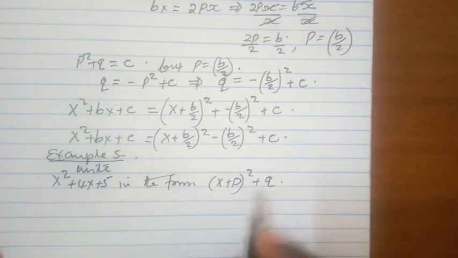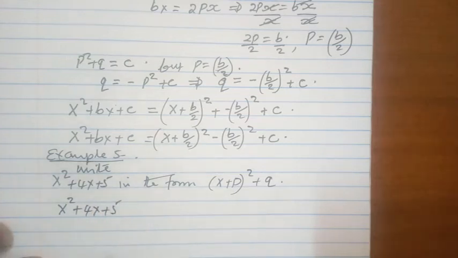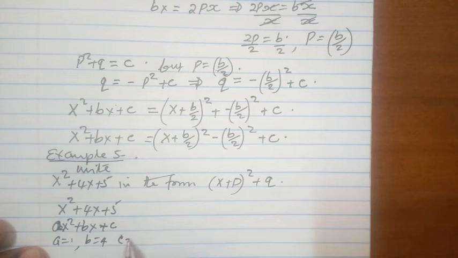It goes without saying, we know x squared plus 4x plus 5. If you compare this with the general equation ax squared plus bx plus c, you can already see that our a is 1, our b is 4, and our c is 5.